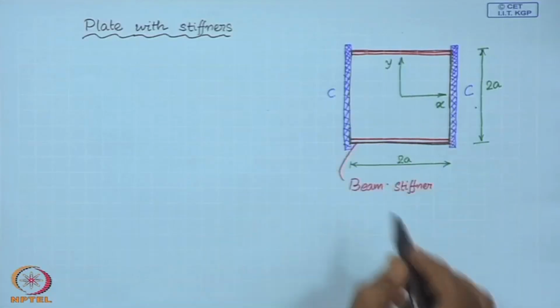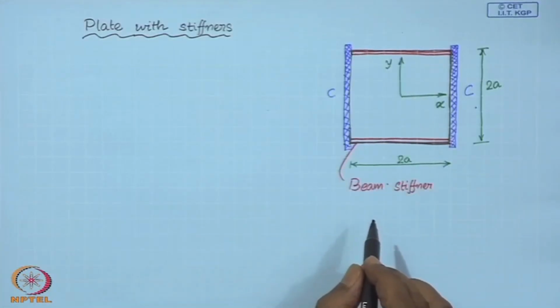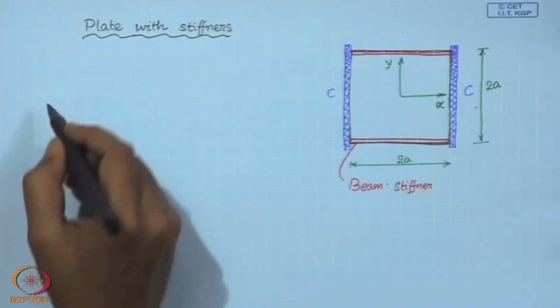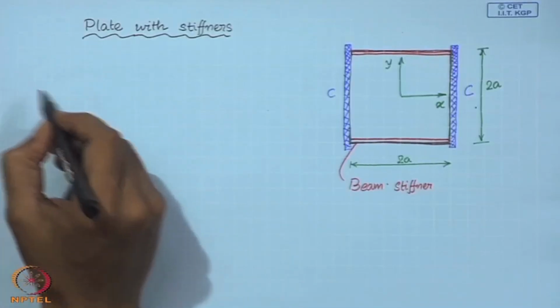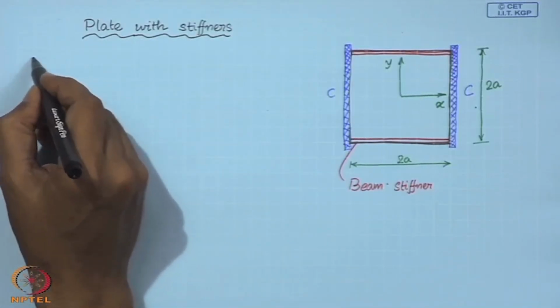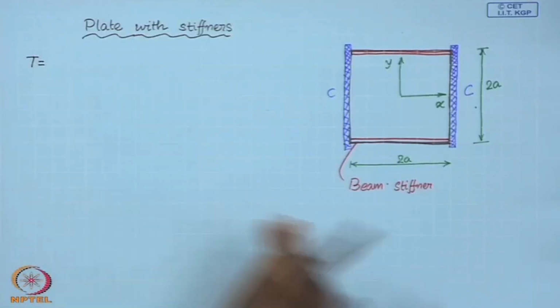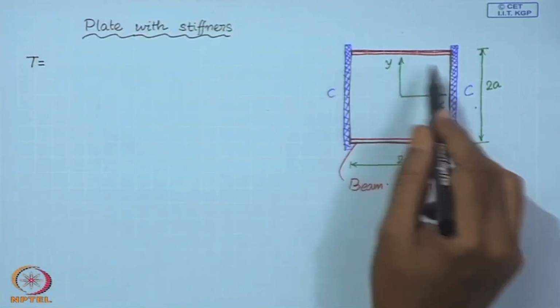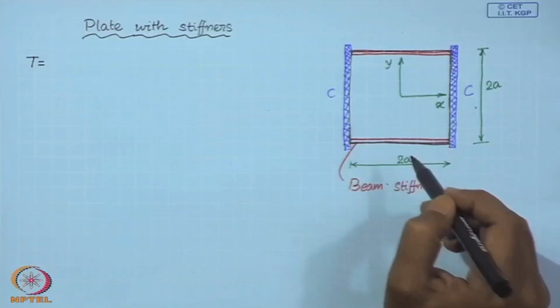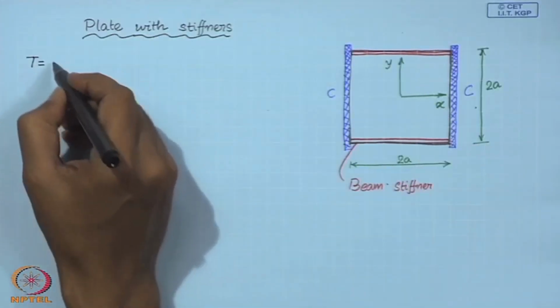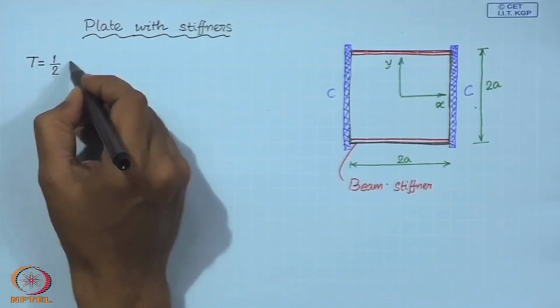So, this is the description of the problem. Now, let us look at the kinetic energy. The kinetic energy is composed of the kinetic energy of the plate and the kinetic energy of these two beams.